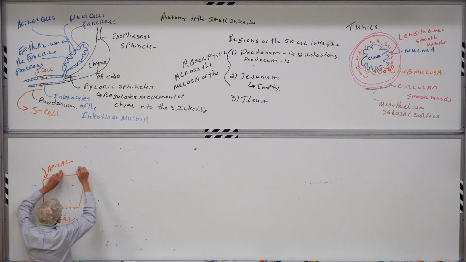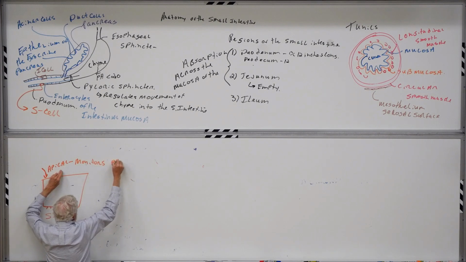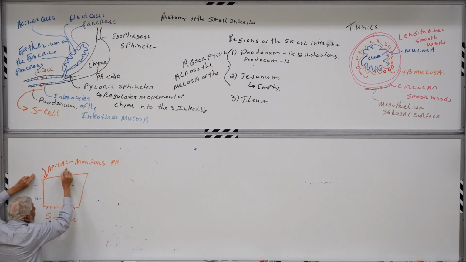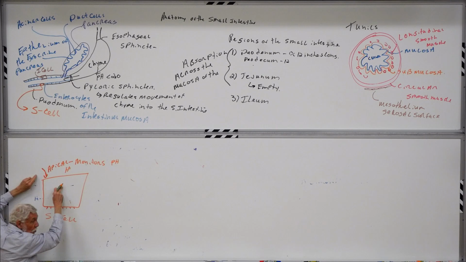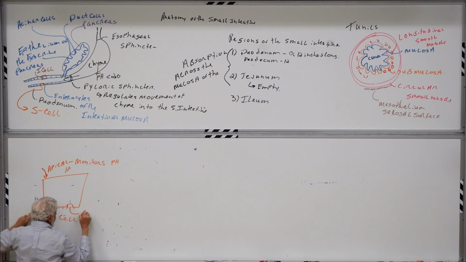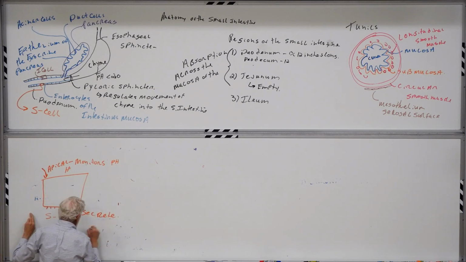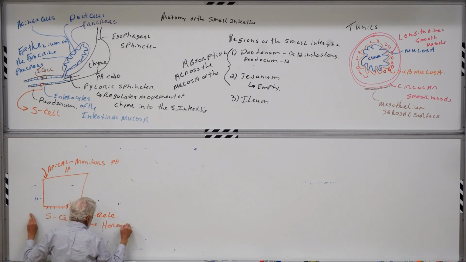The apical region monitors pH. And hydrogen ion will signal the cell to release or secrete the hormone secretin.